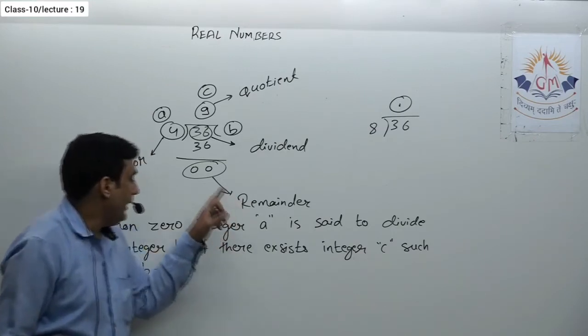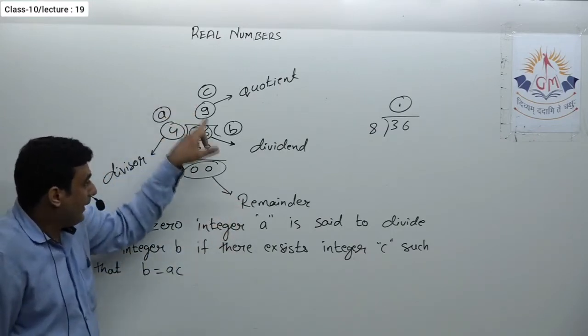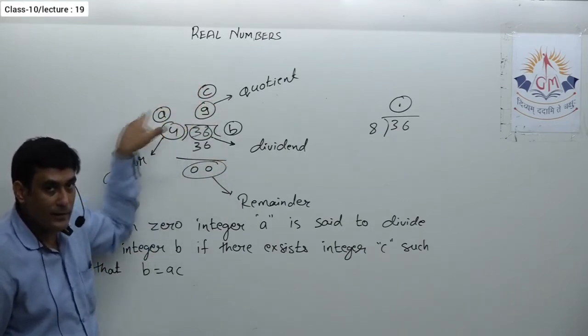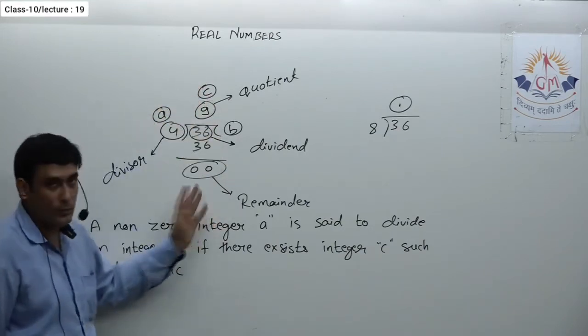Okay, we'll say that integer A divides B if there exists an integer C such that AC is equal to B, or B equal to AC.